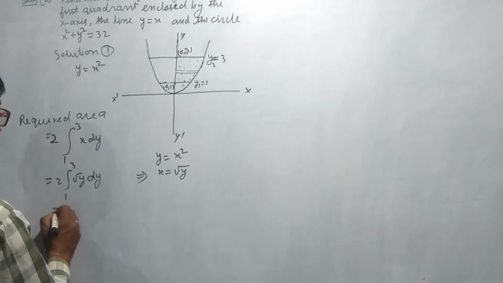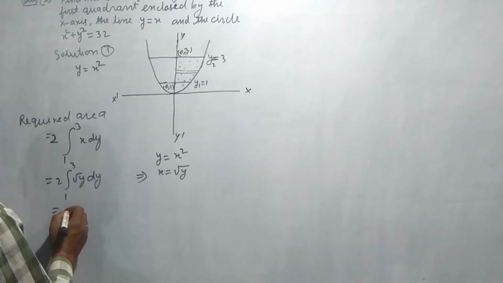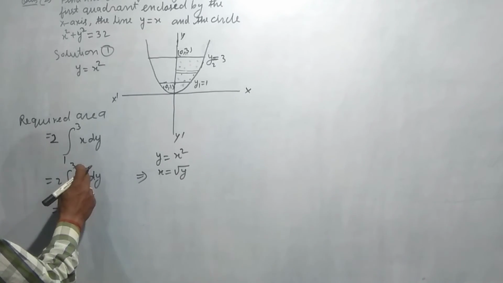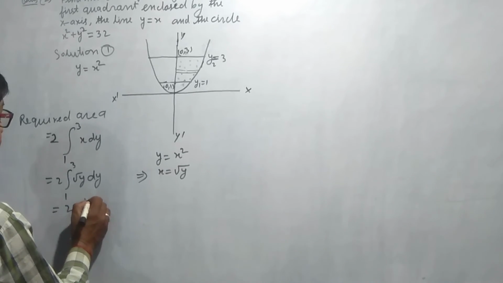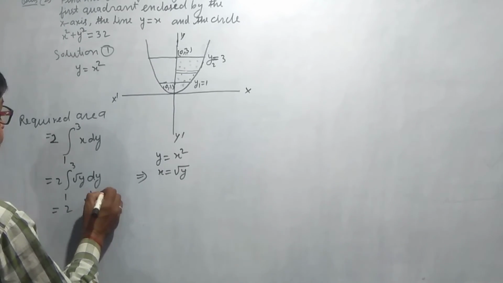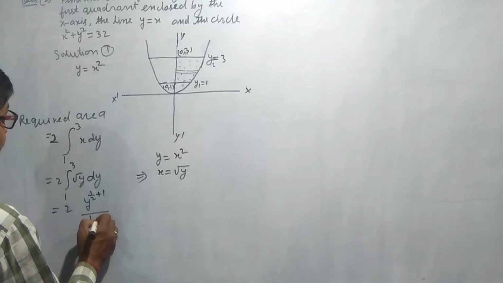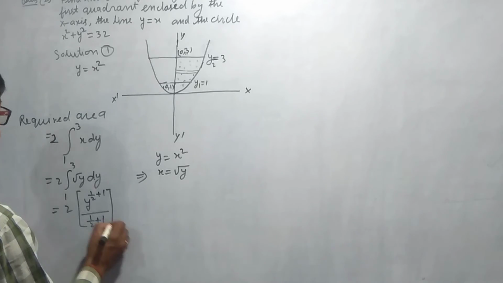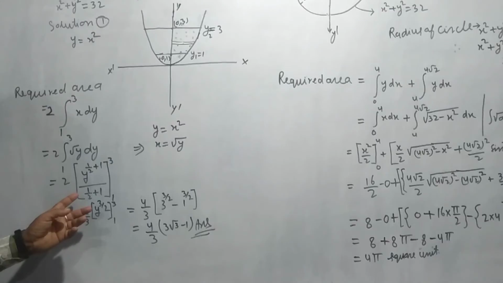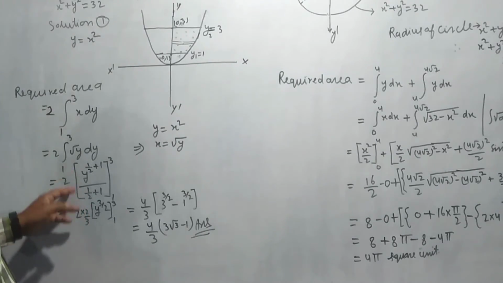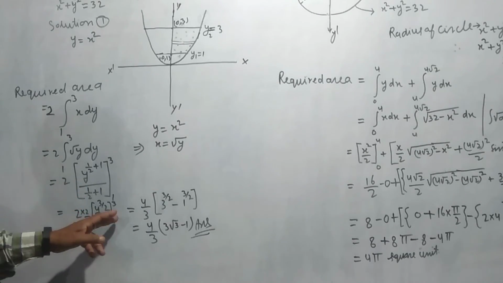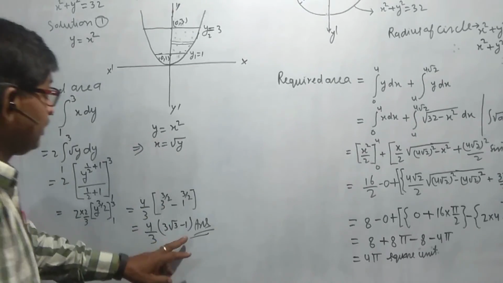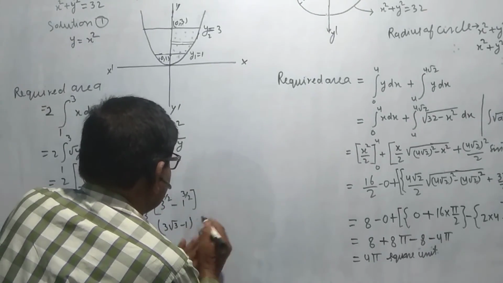Now the integration of this is y to the power half, so y to the power half plus 1 divided by half plus 1, with limits 1 to 3. Now putting the upper limit 3 and the lower limit 1, we get our answer. This is in square units.